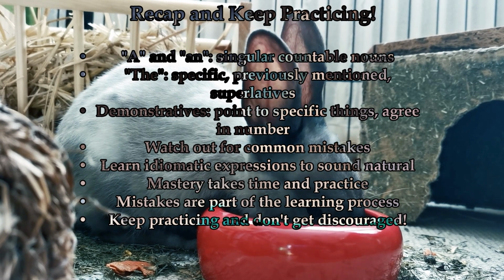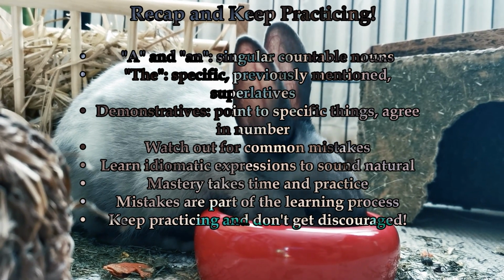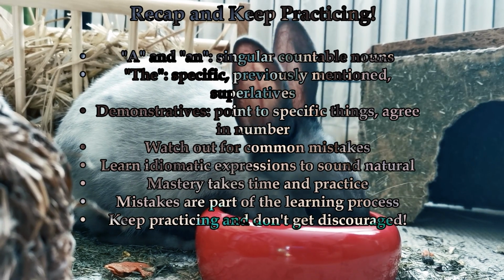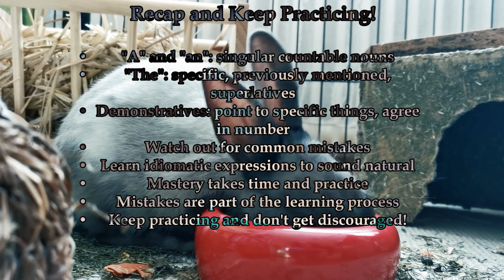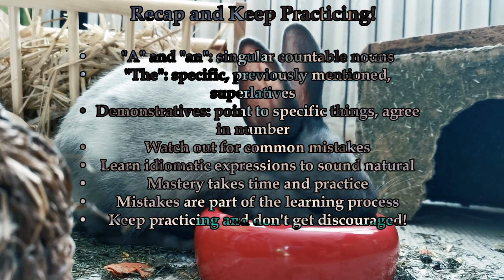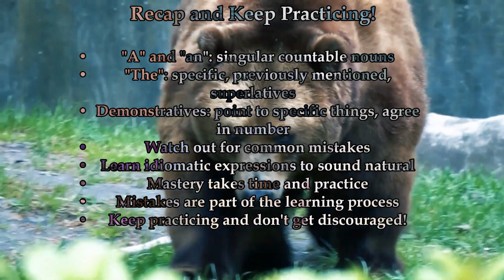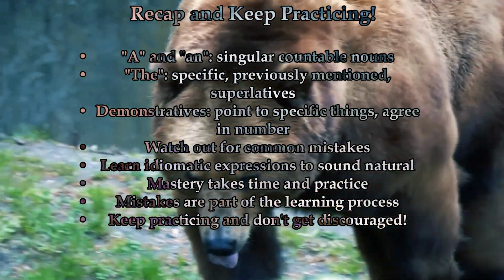Recap and final thoughts. Let's quickly recap what we've learned in this lesson. A and an are used with singular countable nouns, depending on the sound of the word that follows. The is used for specific or previously mentioned nouns, as well as with superlatives.